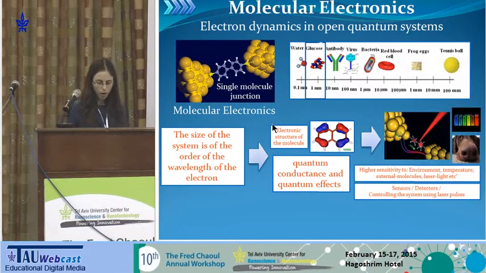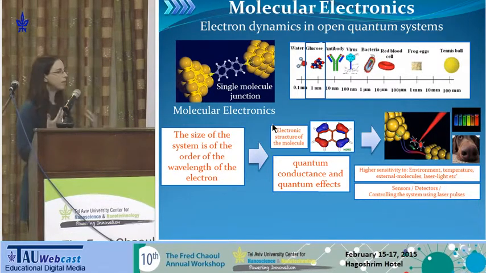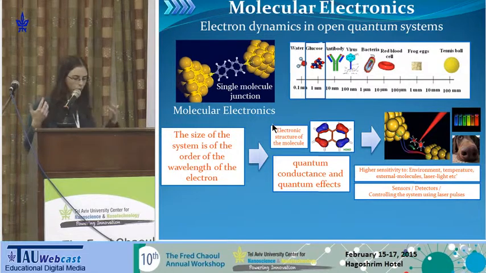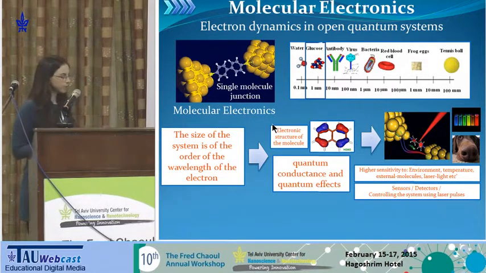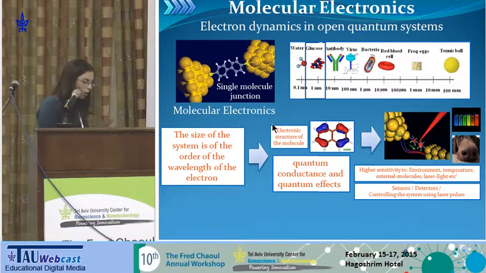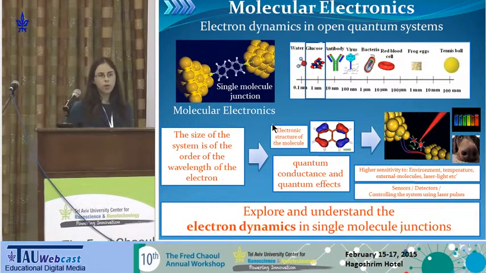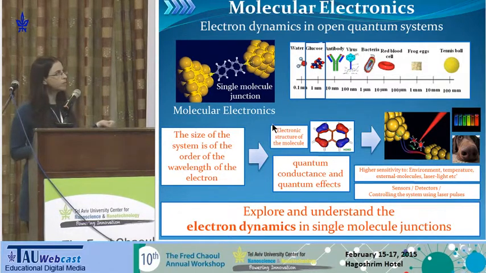We now have much higher sensitivity to the environment, to temperature, to external molecules, to laser light. So we can have much better detectors and better sensors, and we can actually control the system using laser pulses. For all of those reasons, it is important to explore and to understand the electron dynamics in those single molecule junctions.